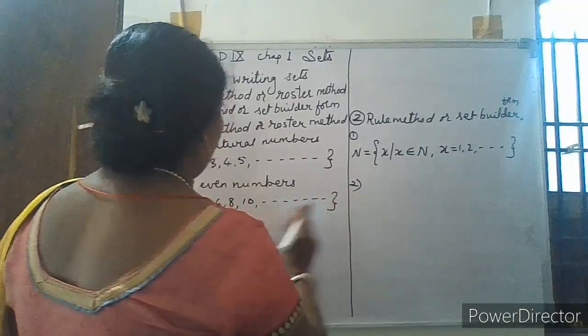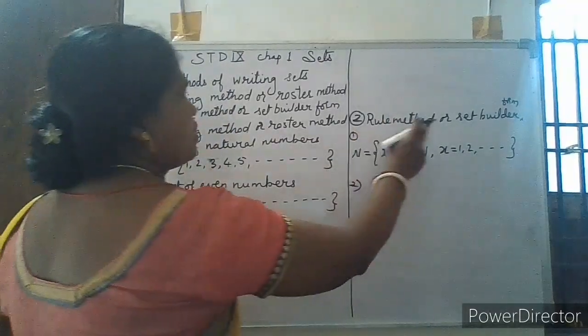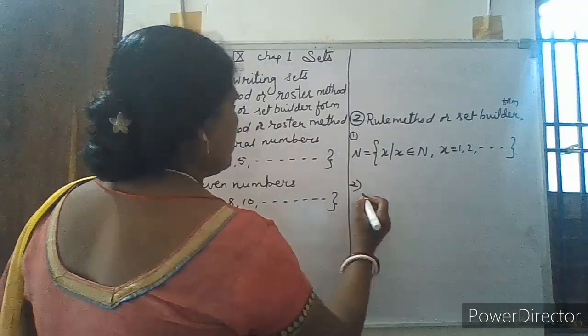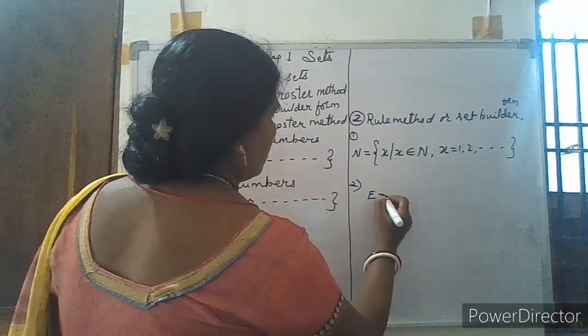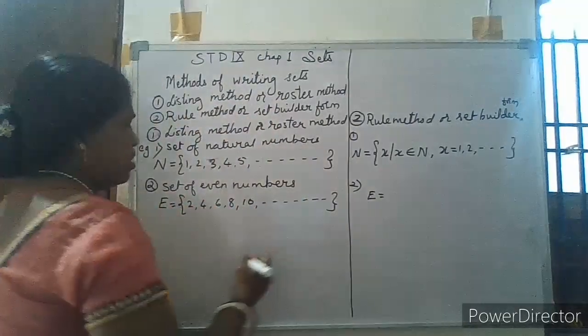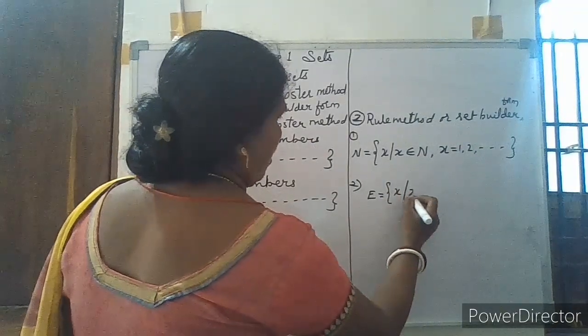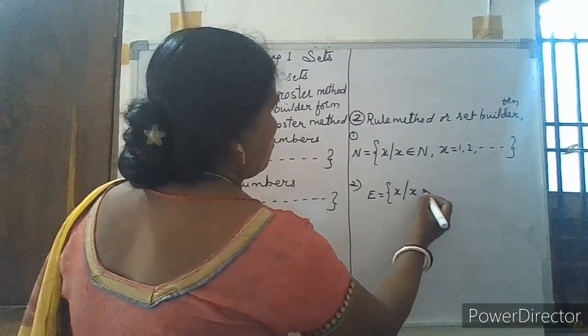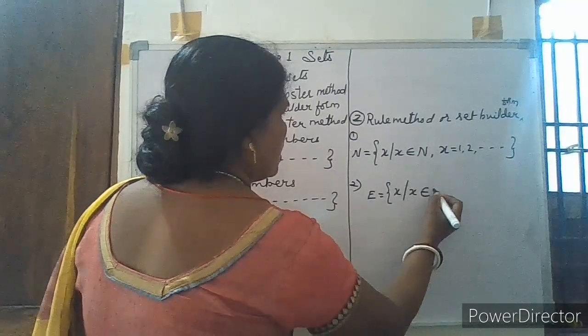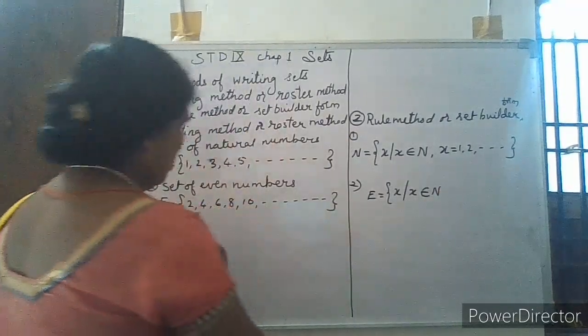Second example, when we write with the rule method or the set builder form, even numbers: E is equal to X is an element such that X belongs to, it is natural numbers only.